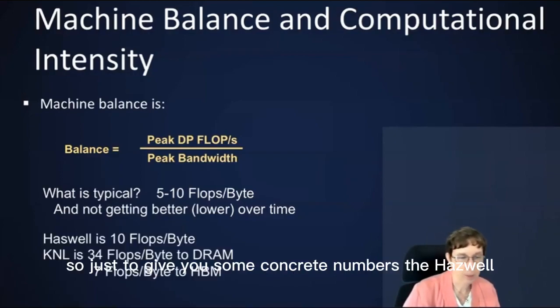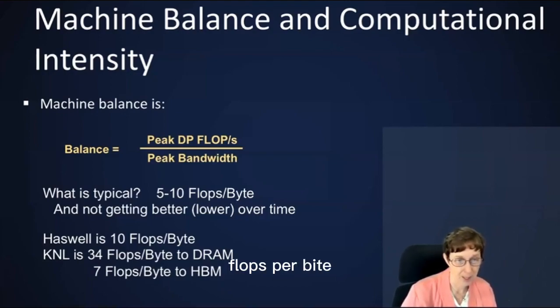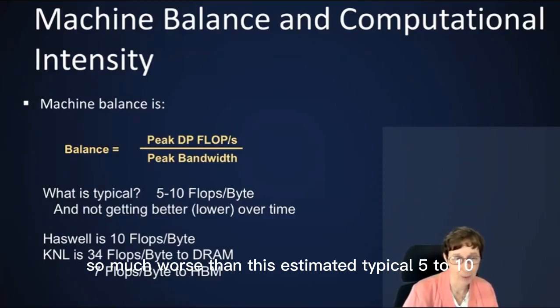So just to give you some concrete numbers, the Haswell system at NERSC is 10 flops per byte, whereas the KNL nodes are 34 flops per byte, so much worse than this estimated typical 5 to 10.